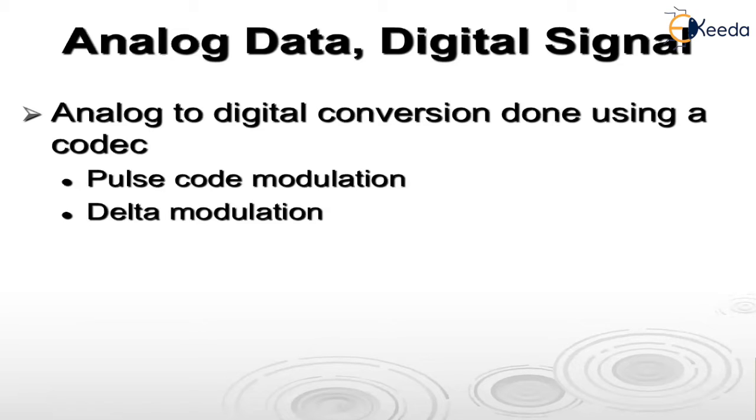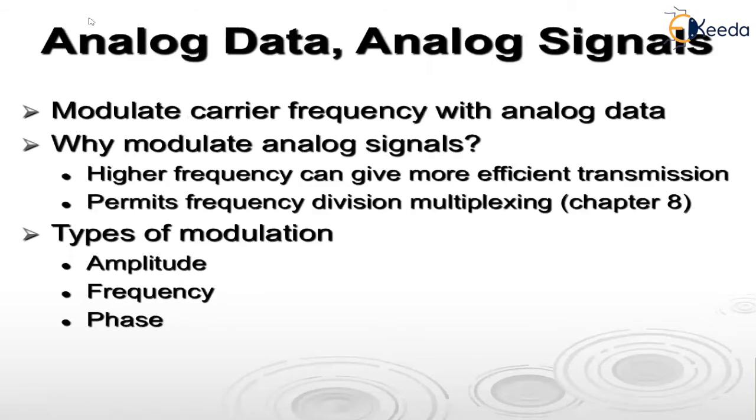The next coding technique is analog data, analog signals. Analog data can be modulated by a carrier frequency to produce an analog signal in different frequency bands. These can be utilized on an analog transmission system.